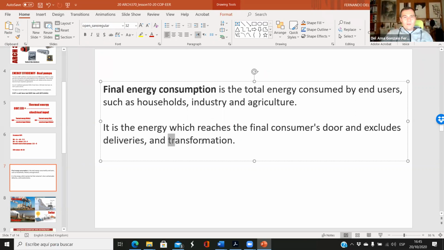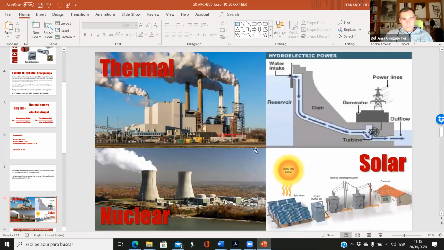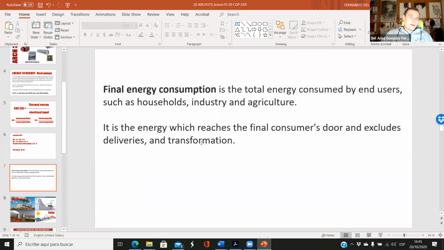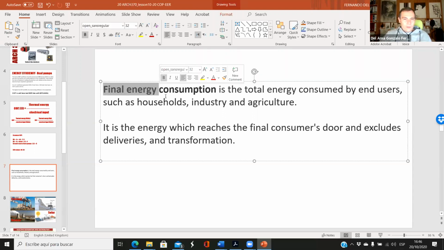And we are not considering the transformation. What is transformation? When we are burning something to generate electricity, this is transformation. We're transforming the energy that is embedded in the fuel into thermal energy or into electricity or whatever. So we don't include that. The final energy is the energy that we actually consume in our buildings.